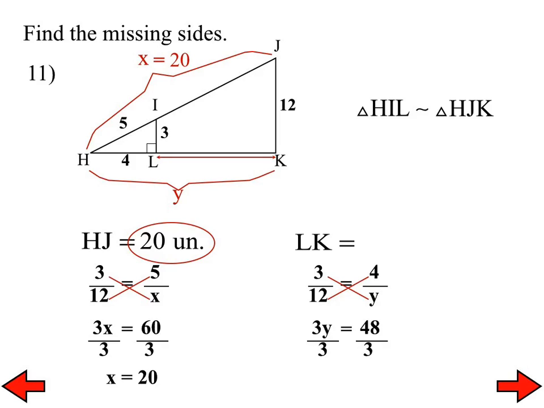But 16 is the whole thing. And so when some of you did that, that's what you did, but I'm not asking you for HK, I'm asking you for LK. HL is 4, which means LK has to be 12. Okay? All right, we are finished for today.